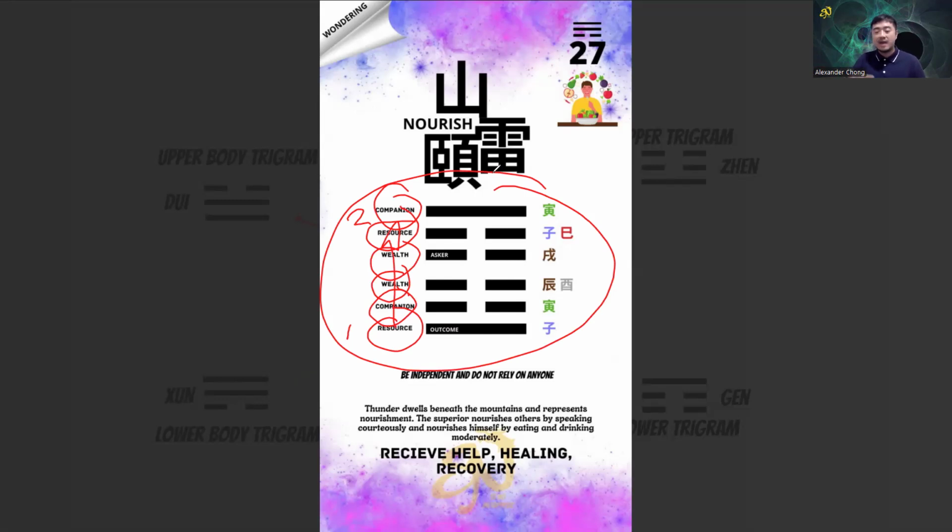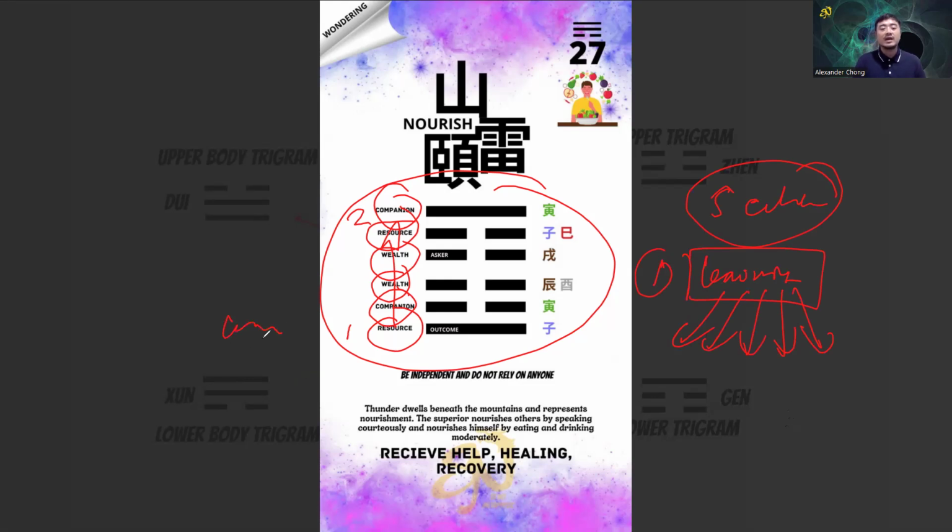Line 1 indicates you're not aware right now. It's like just now I was telling you about the 5 ways of cultivation. The first way is knowing, but knowing can be separated into 5 stages: knowing, then understanding, then you go cultivate, you go to Tao. From unconscious incompetence to unconscious competence.